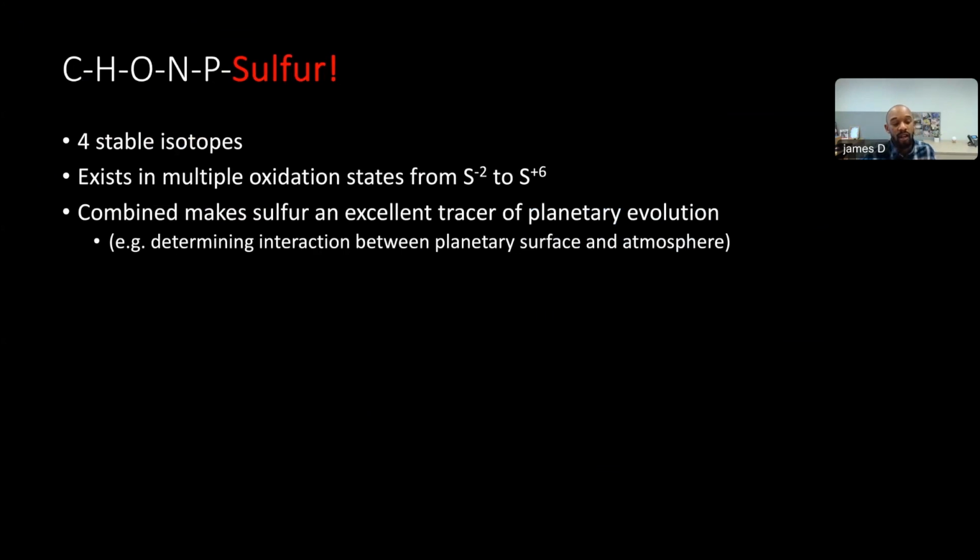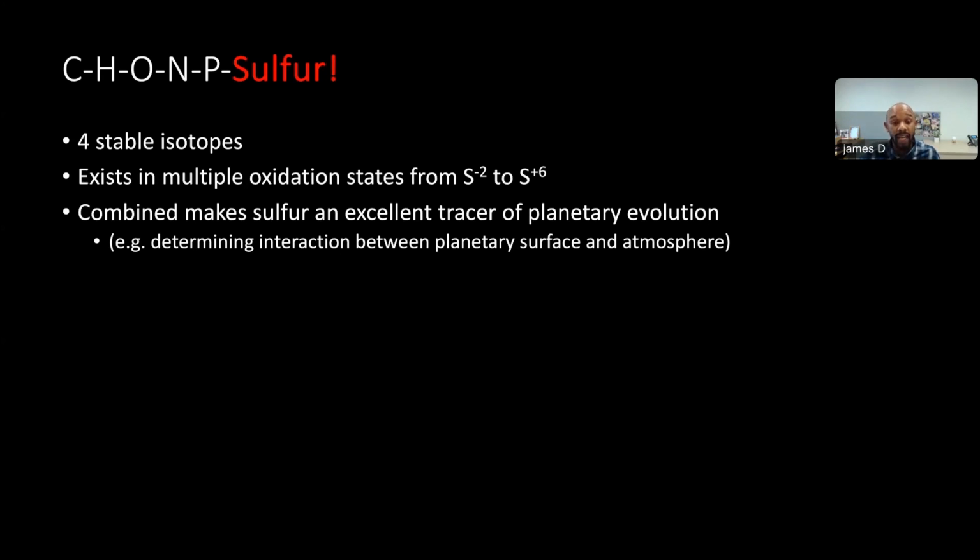Now, among the six most important life-preserving volatile elements on Earth, I'm most interested in sulfur. And this is because sulfur has four stable isotopes. It also exists in multiple oxidation states in the rock record, from, say, sulfur -2 to sulfur +6.